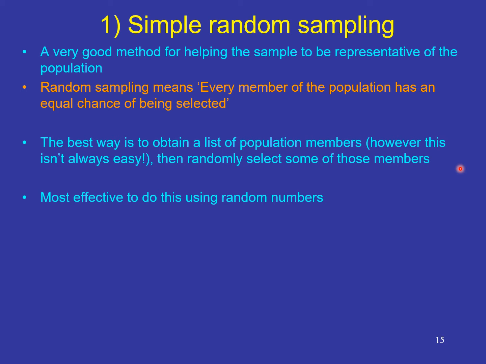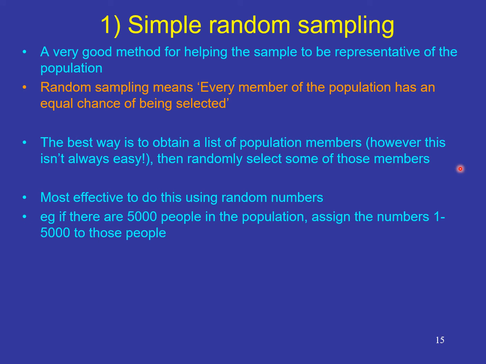So how would we select members from that list? Well, the most effective way to do this is to use random numbers. So let's say, for example, there were 5,000 people in your population. What you would do is, using your list, assign the numbers 1 to 5,000 to the people on that list.